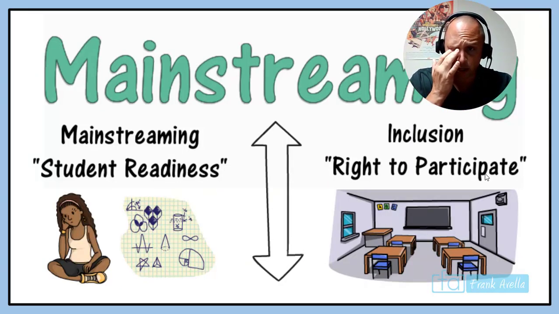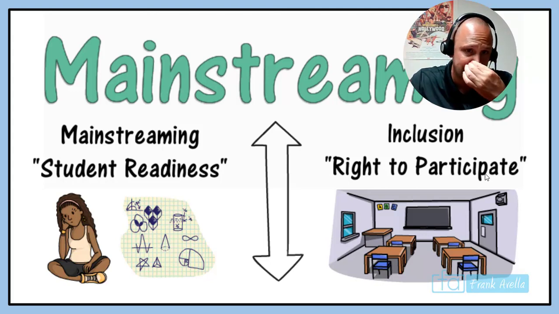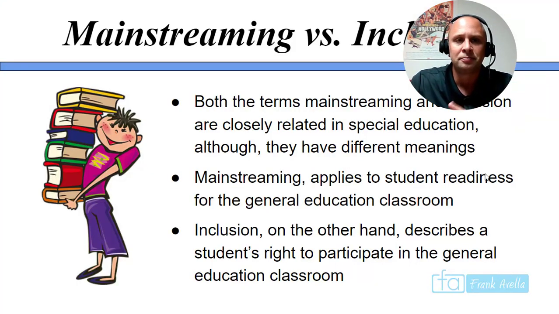All right, so mainstreaming is very closely related to inclusion, almost the same thing here. Mainstreaming refers to a student's readiness. Are they ready to participate in the general education classroom? And inclusion is the right of the special needs student to participate in the general education classroom. This is just a little bit of semantics, but I get asked this question a lot.